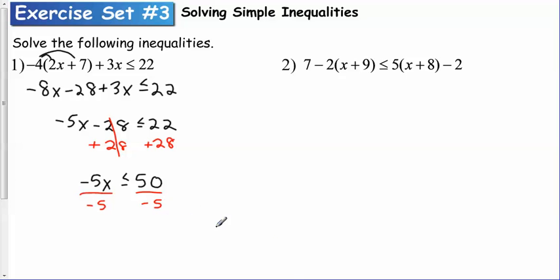I'm going to do that on both sides, and lo and behold, we are dividing by a negative, which means we have to be careful because in our final answer, we have to flip the inequality symbol. So x is greater than or equal to negative 10. And that is the solution set represented by this inequality.